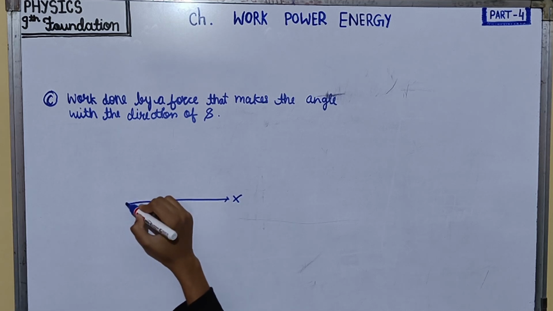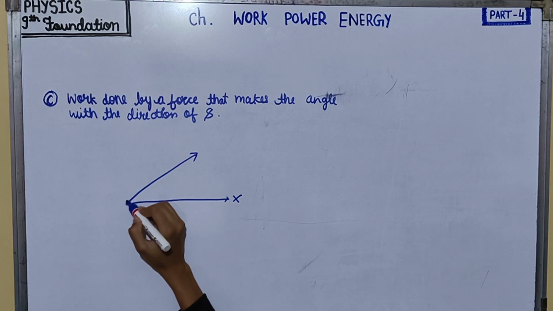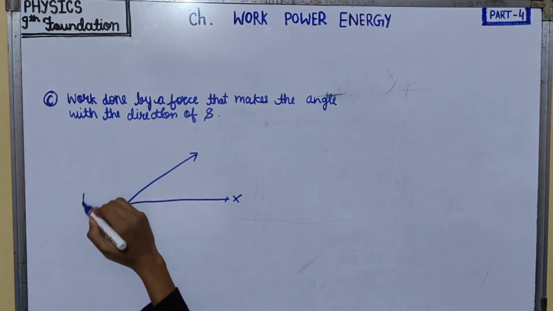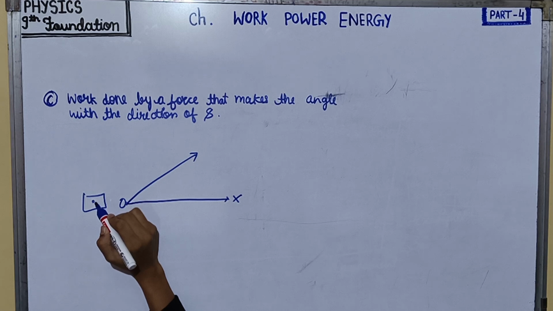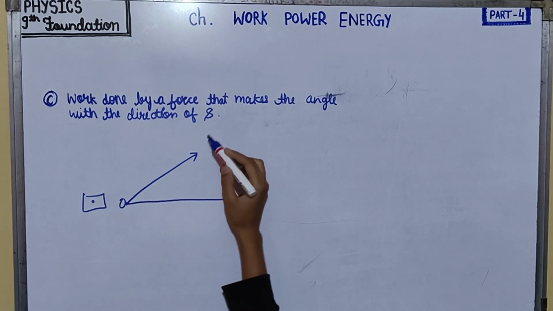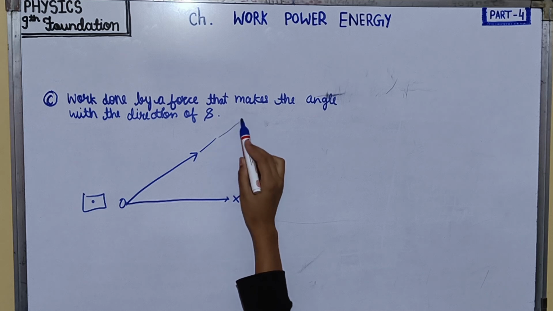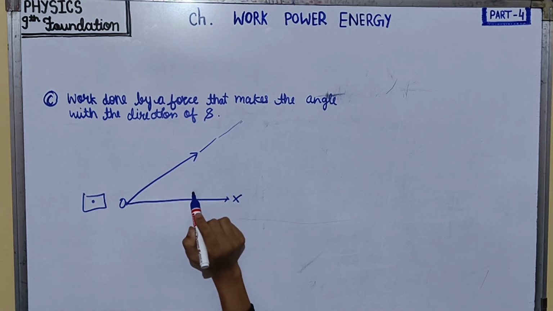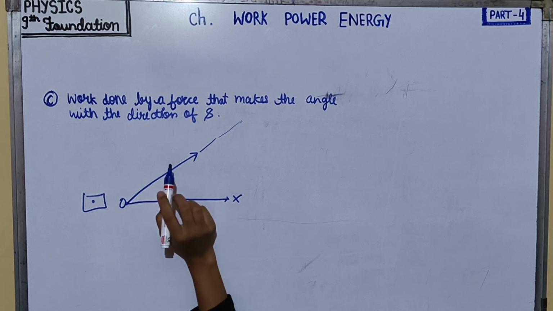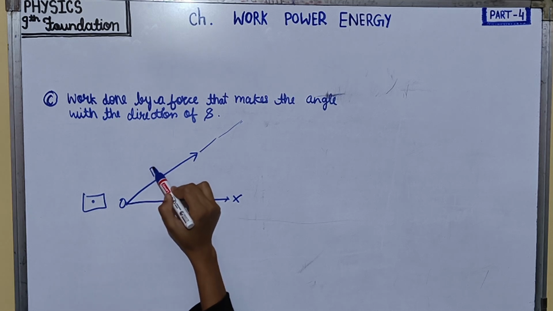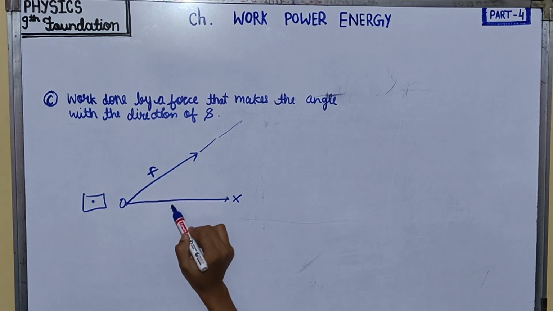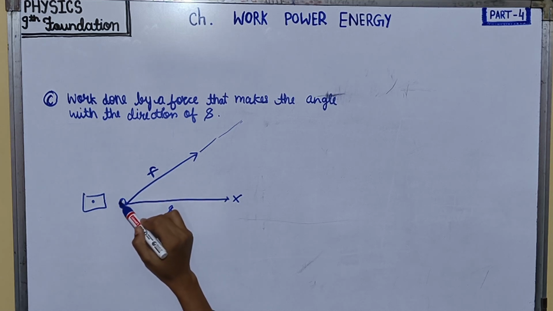X. This is point O over here. This is the toy car. The child is pulling it from this side, and this is the direction of force, and this is the direction of displacement.